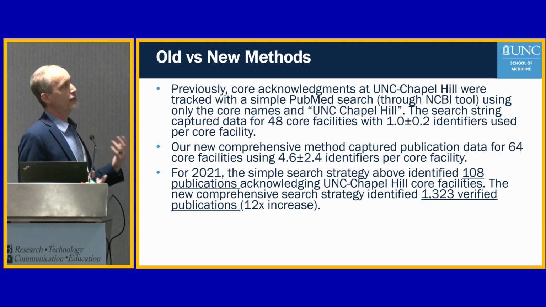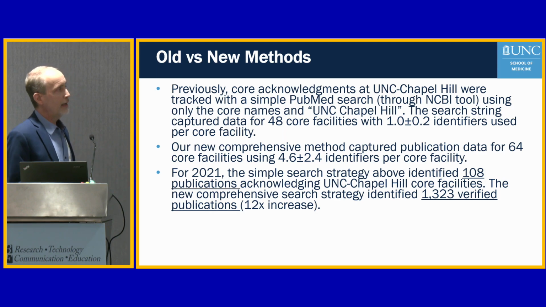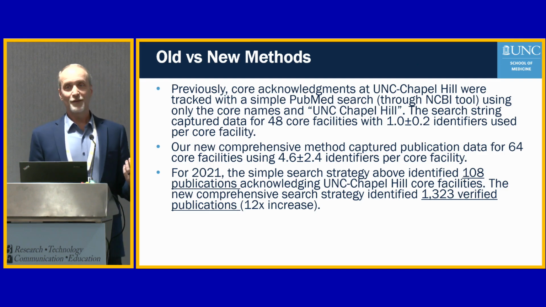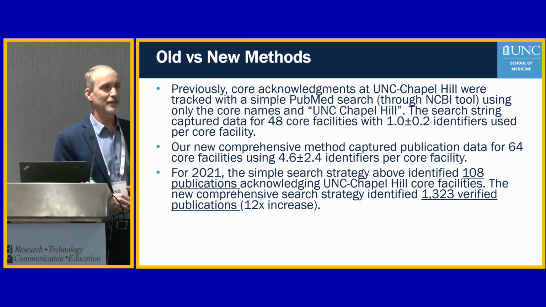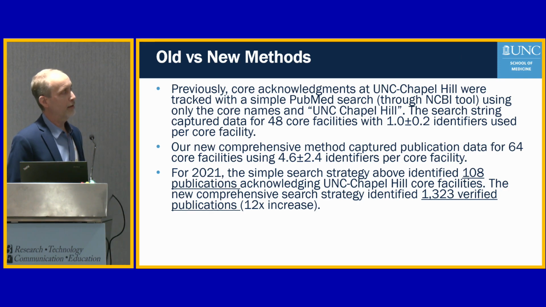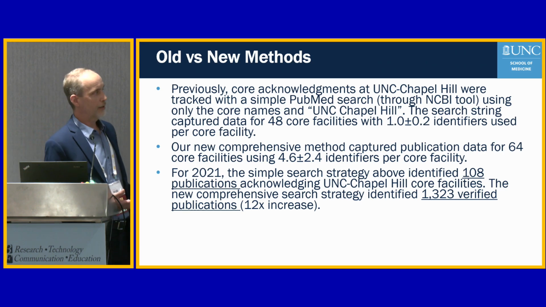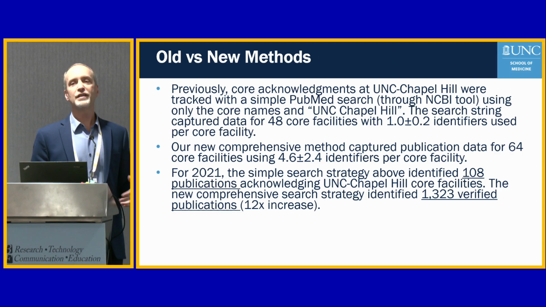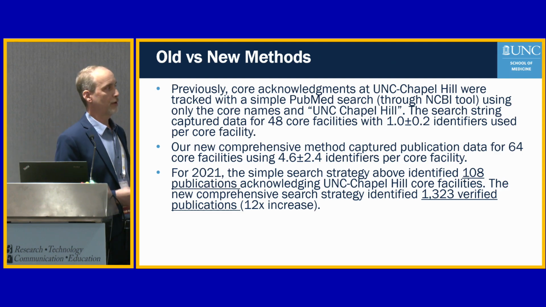And so the PubMed strategy with just the core name identified about 108 papers in a year for 100 core facilities in the School of Medicine. We knew that couldn't be right. And so when we widened our aperture here and did a more robust type of search with more identifiers, we actually saw a 12-fold increase. Okay, that felt right. 1,300 papers published associated with 100 cores.